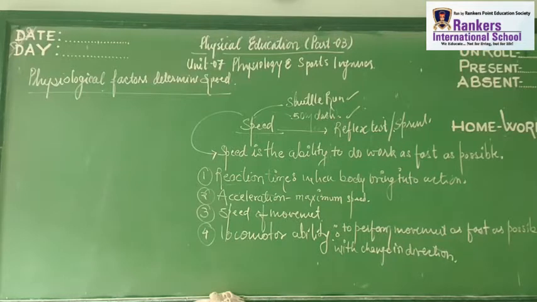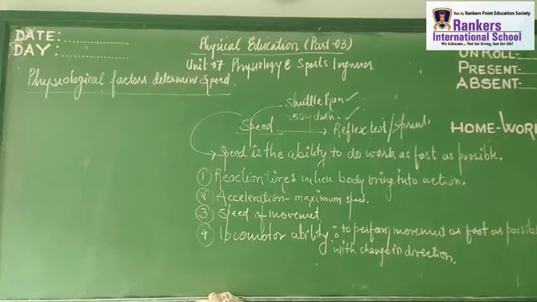Speed is measured through a reflex test, sprint, 50 meter dash, shuttle run, etc. Speed is the ability to move as fast as possible, to perform movement as fast as possible at a faster rate. There are 4 types. First is reaction time.